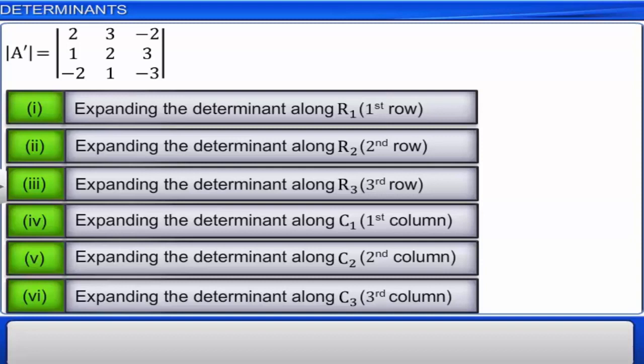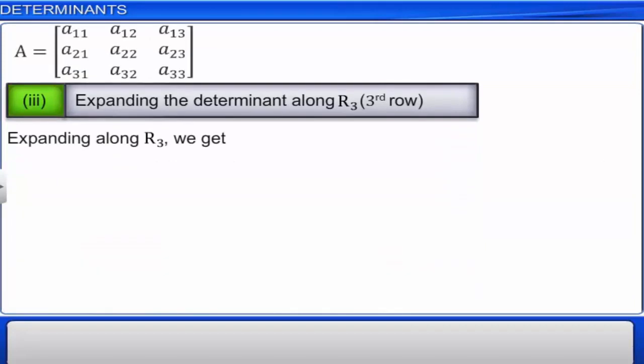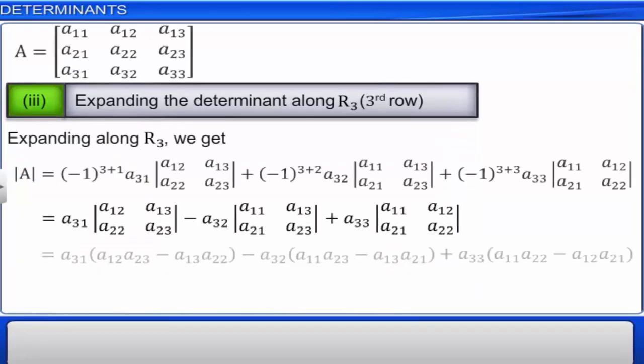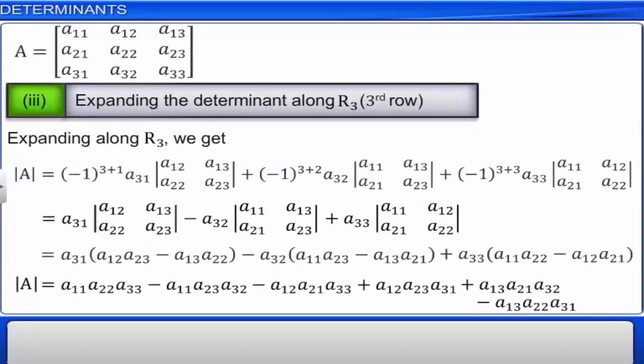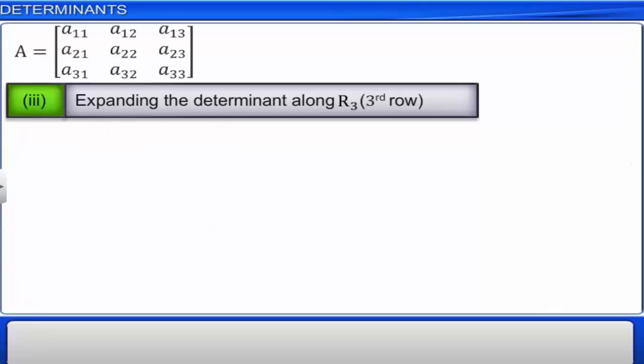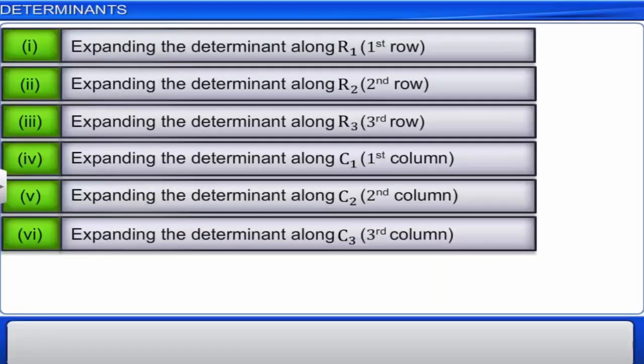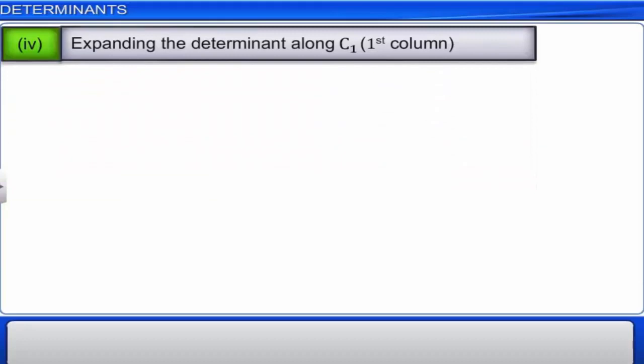Following the same 4 steps, determinant of A can be found on expanding it along the third row, as shown. The required determinant of A is as shown. In a similar manner, the determinant of matrix A can be expanded along each column.